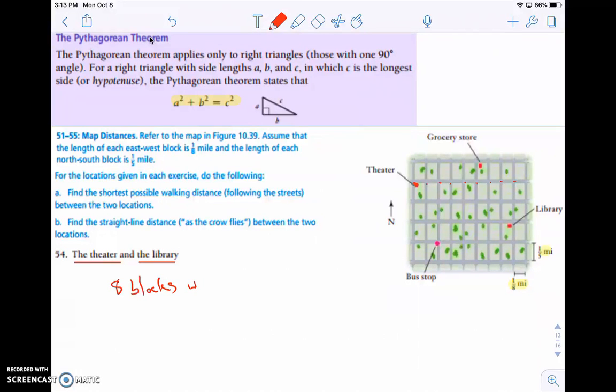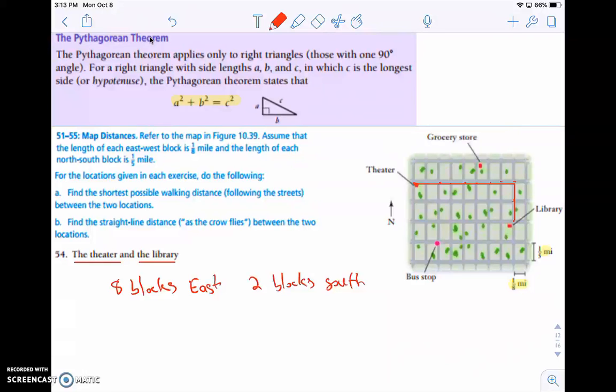That would be going east. And then you'd have to go down 1, 2 blocks south. We need to find out what the distance is if you had to walk from the theater down to the library.